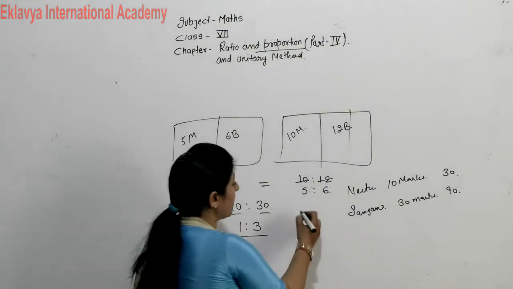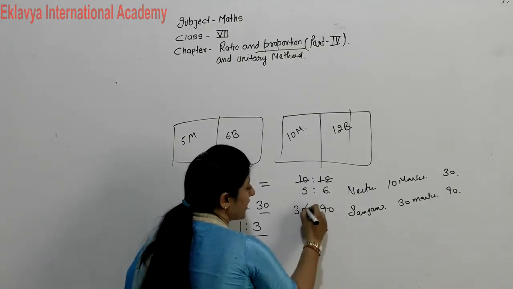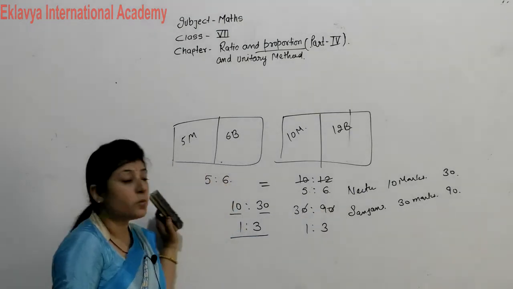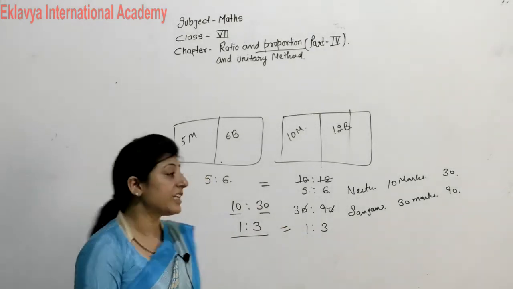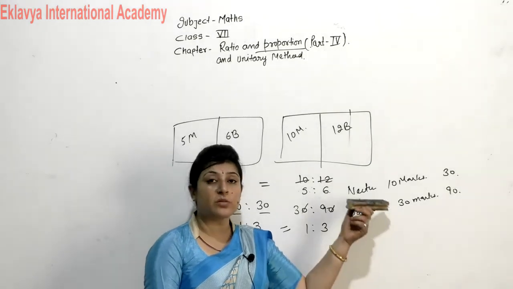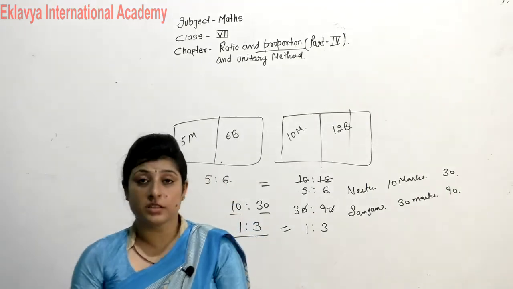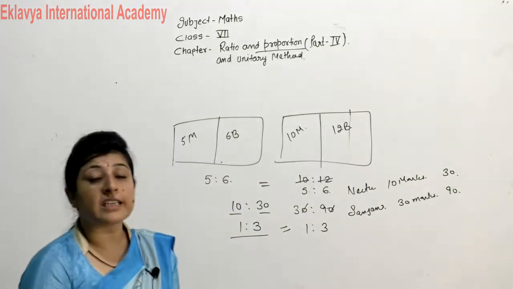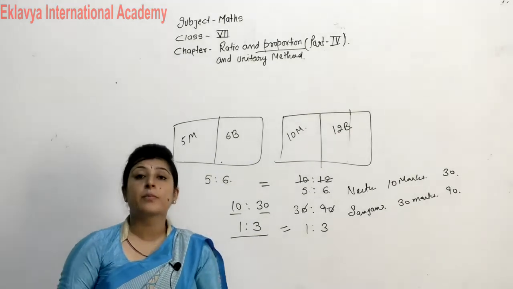And Sanjana's ratio 30:90 is also 1:3. So both ratios are equal. We can't say that Neetu scored more marks than Sanjana or Sanjana scored more than Neetu, because they both scored marks in the same ratio. So this concept is called proportion.